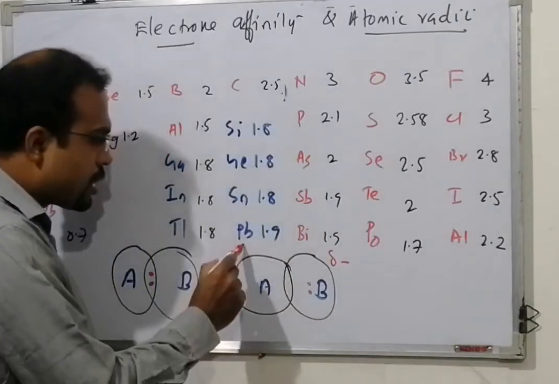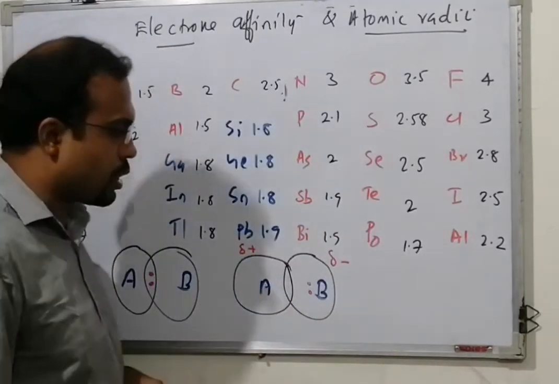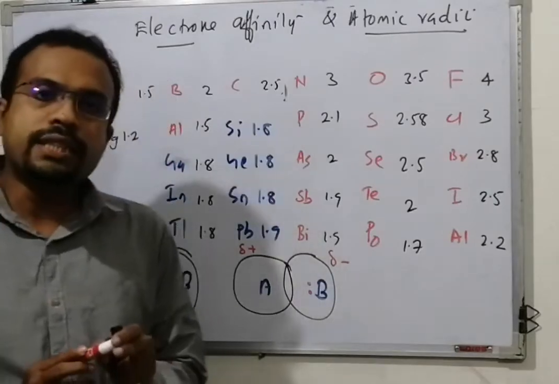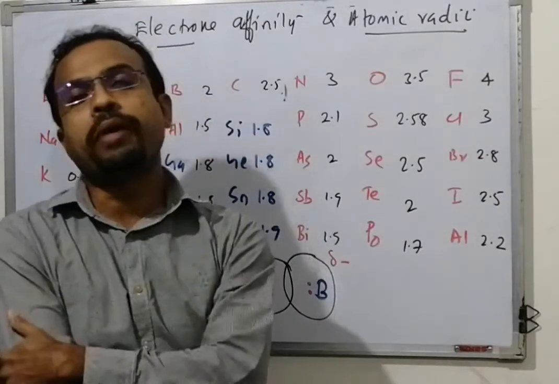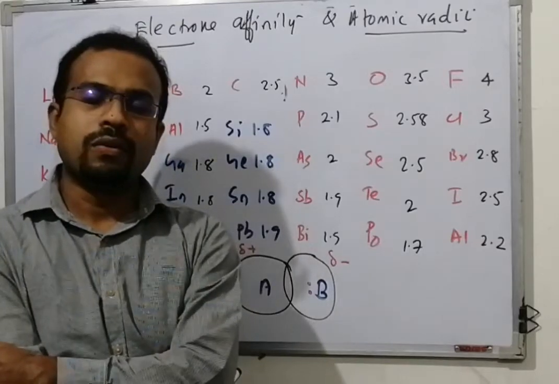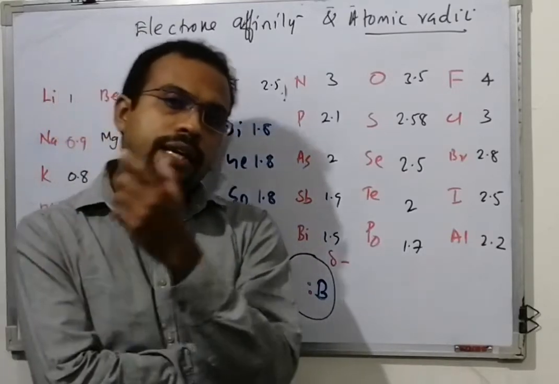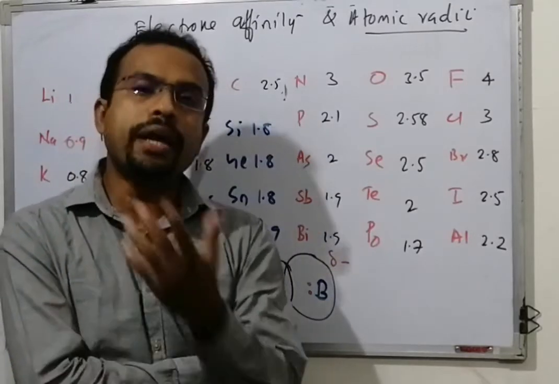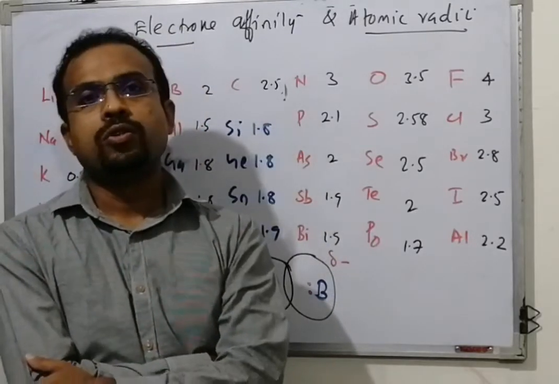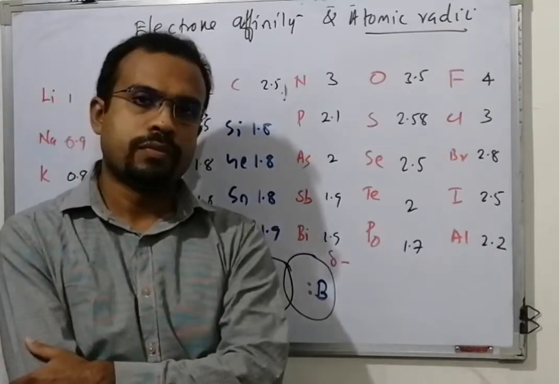The electron lost is reflected by a partial positive charge. This tendency of B is called the electronegativity of B. It is the tendency of an atom to attract the shared pair of electrons towards it.